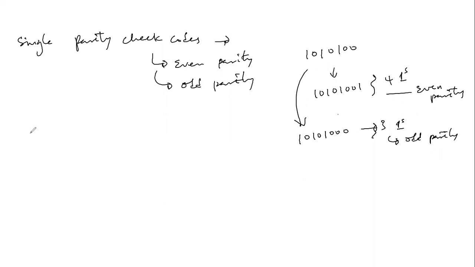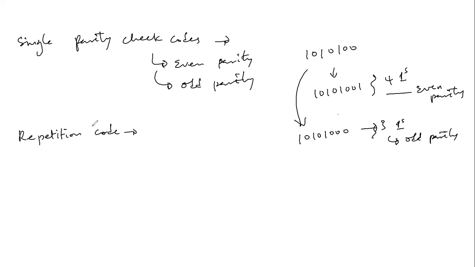Then we have repetition code. Now, this is the simplest type of linear block codes, which allows the transmission of single message bits n times for the purpose of error correction.